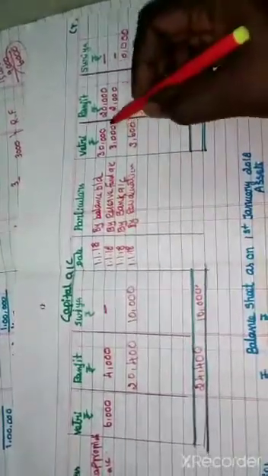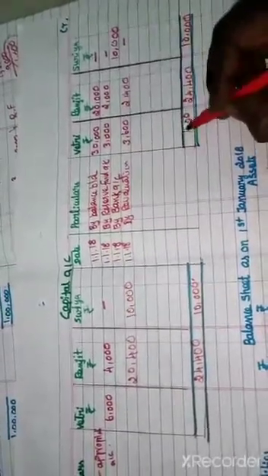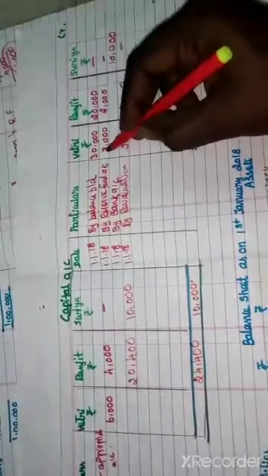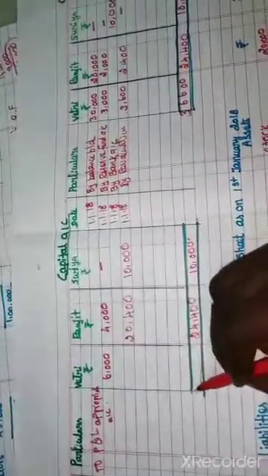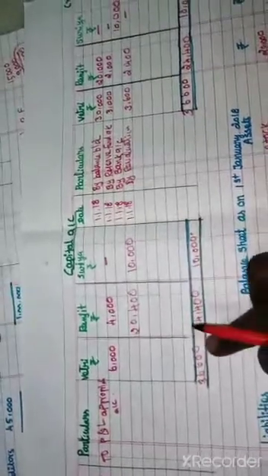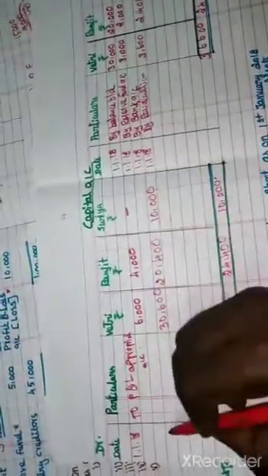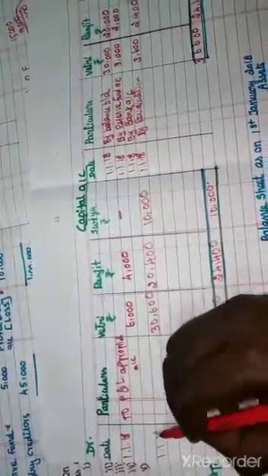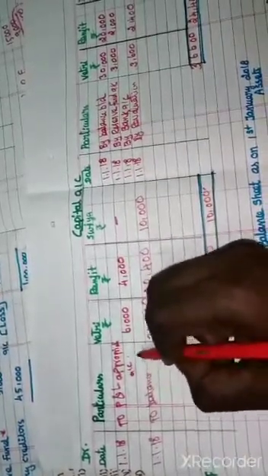20,400. Now for Vetri, the total is 36,600. Here we got 6,000. So 36,600 is recorded. 36,600 minus 6,000, we got 30,600 as the difference amount. Now it's a closing balance, so we have to write 1/1/2018 by balance c/d.